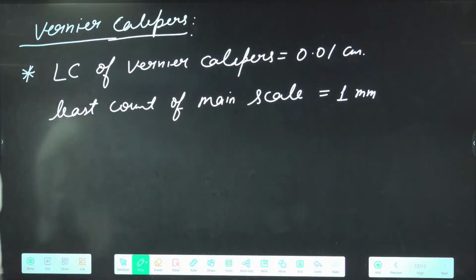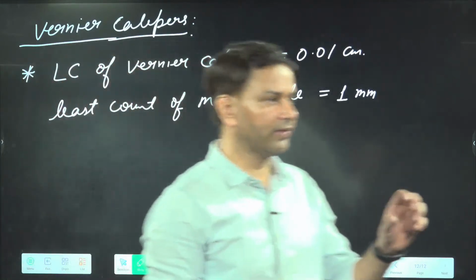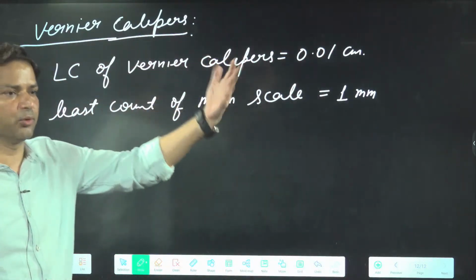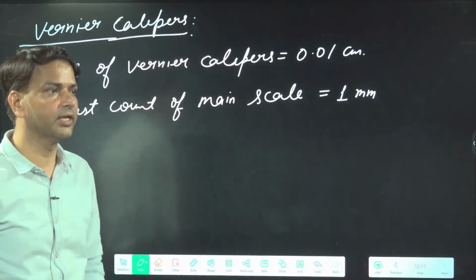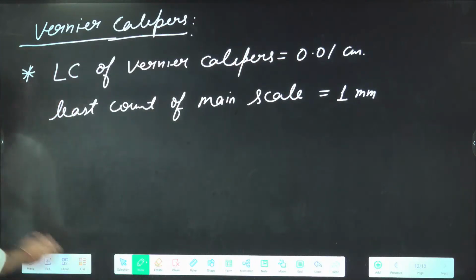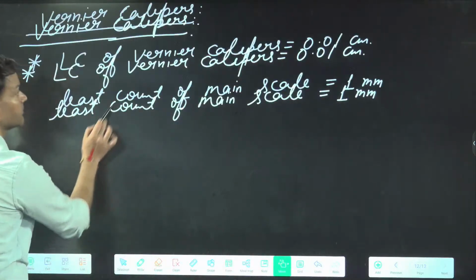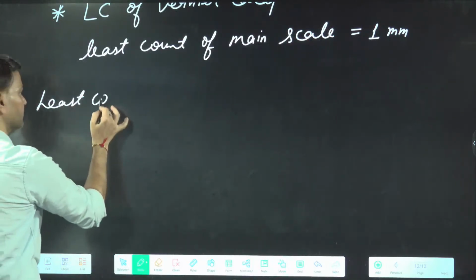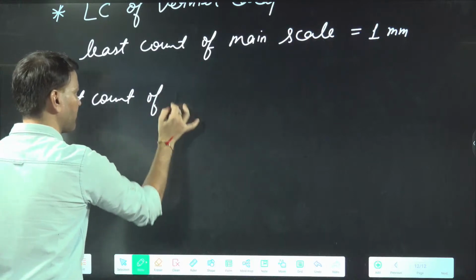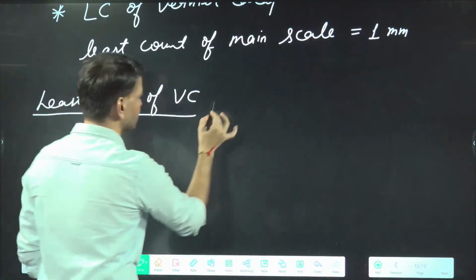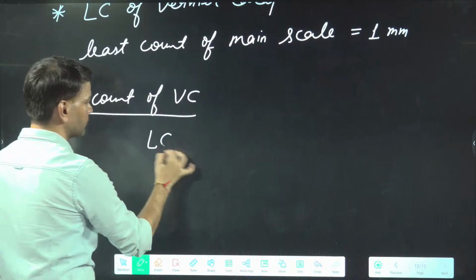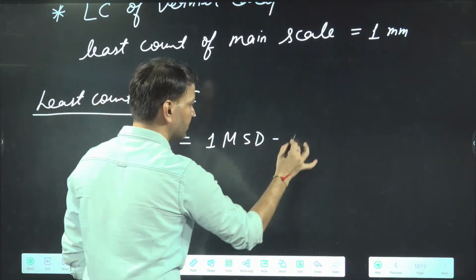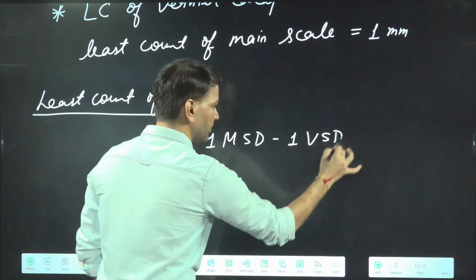Now, how will we calculate the least count if it is not the actual Vernier calipers, and they are asking about a hypothetical one? The least count of the Vernier calipers is equal to 1 MSD minus 1 VSD.